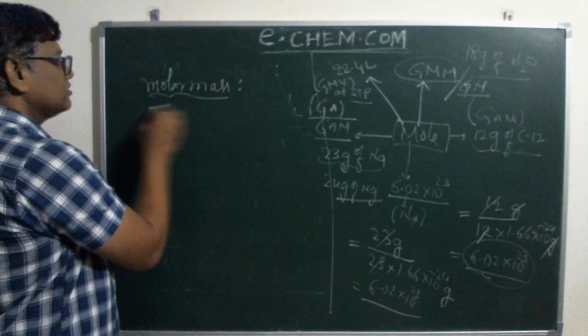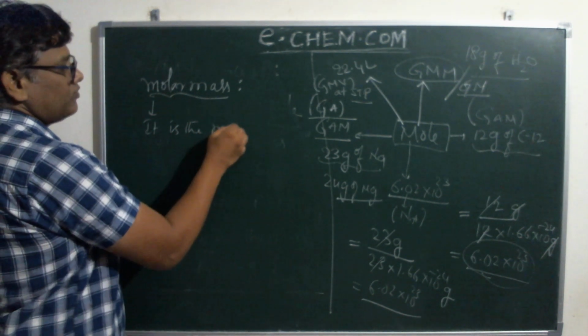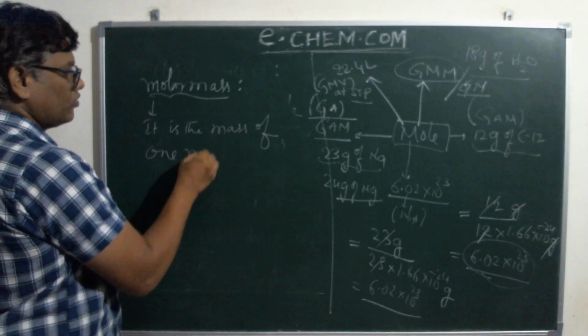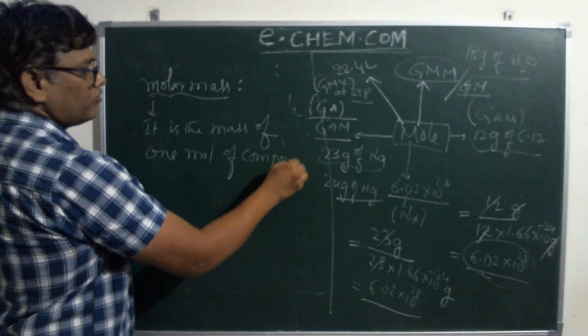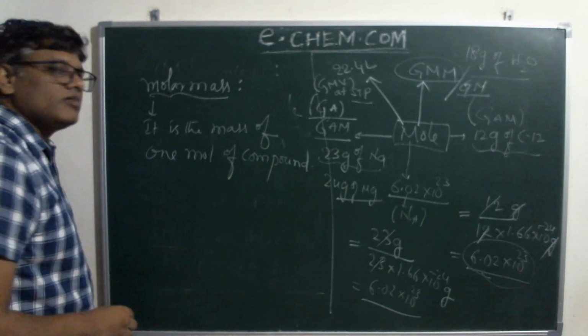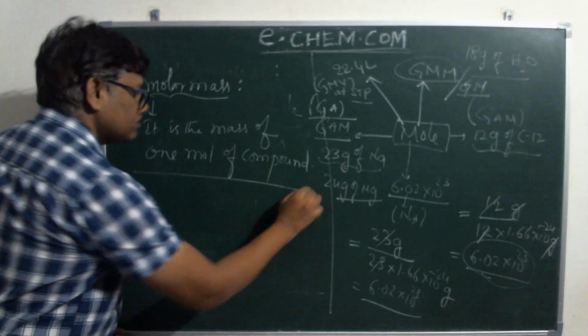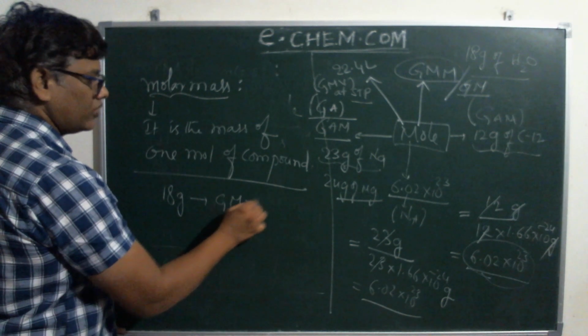Molar mass is nothing but the mass of 1 mole of compound. It is the mass of 1 mole of compound. That we can say is molar mass. Generally 18 grams, this is nothing but gram molecular mass.